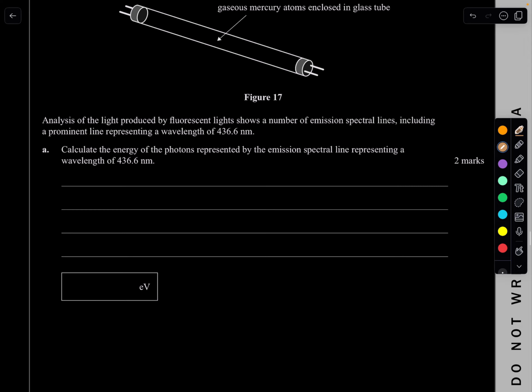Easy. It's just the energy of photons, which is hc over wavelength. We want electronvolts, so it's 4.14 times 10 to the negative 15, which is constant, times the speed of light, 3.0 times 10 to the power 8, all divided by your wavelength, 436.6 times 10 to the negative 9.